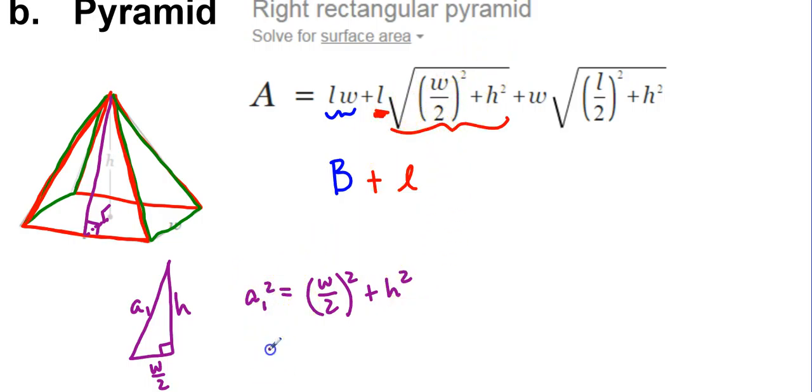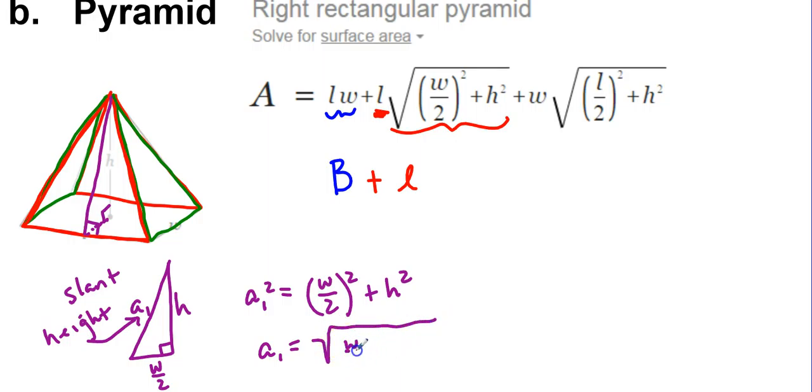So if we want to solve for what we call the slant height, we're going to take the square root, and that is that expression. So we get the square root of W over 2 squared plus the height of the pyramid squared. All right, so that's where this piece comes from.